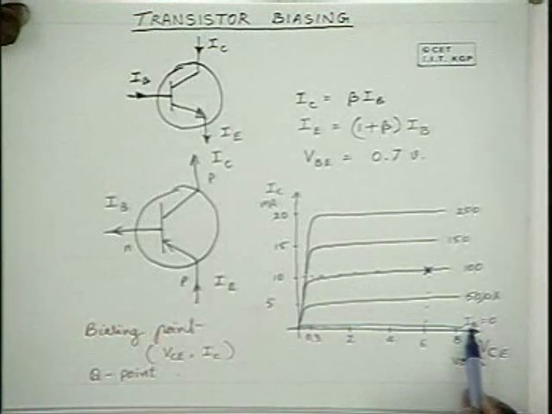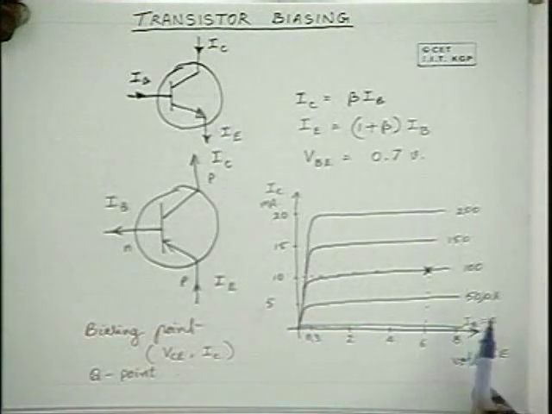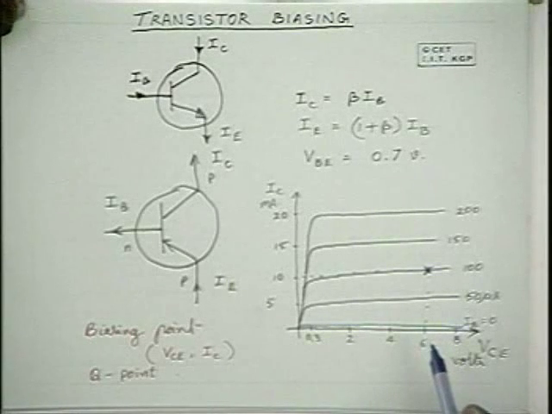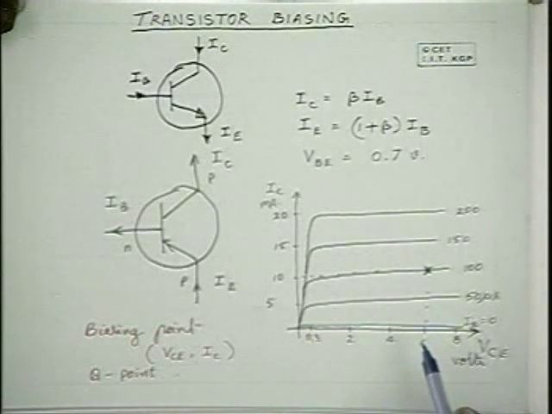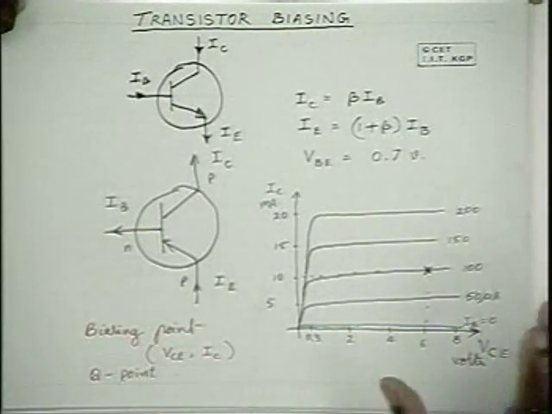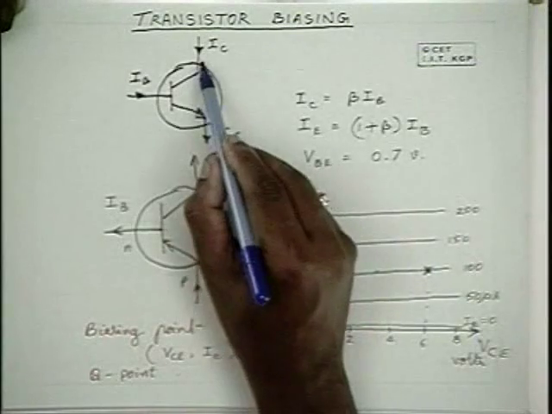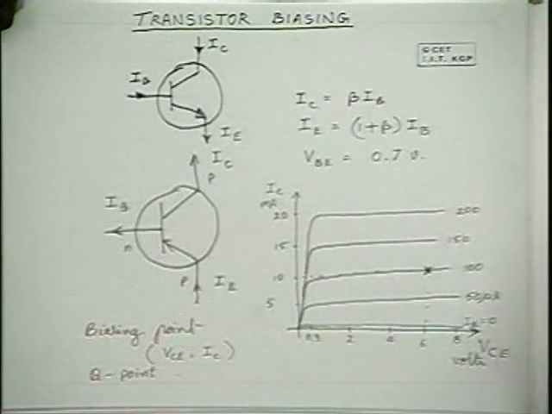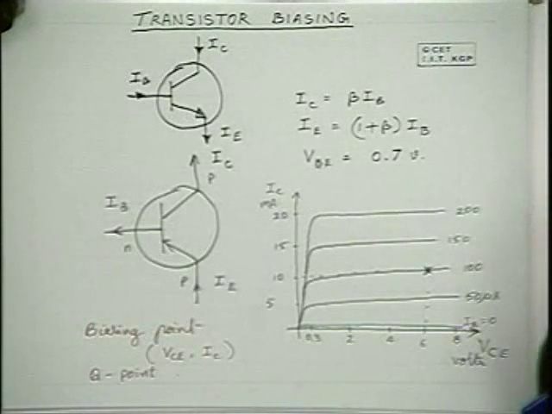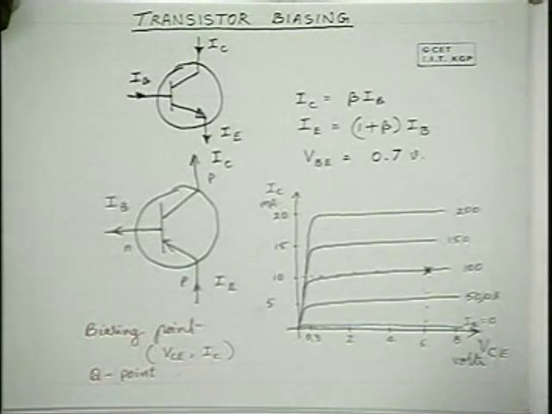When the base current becomes 0, the transistor is cut off, the collector current is 0, and you will have distortion in the output. Hence the transistor goes out of the linear region, or the active region.